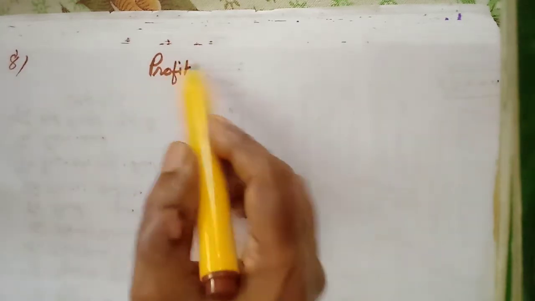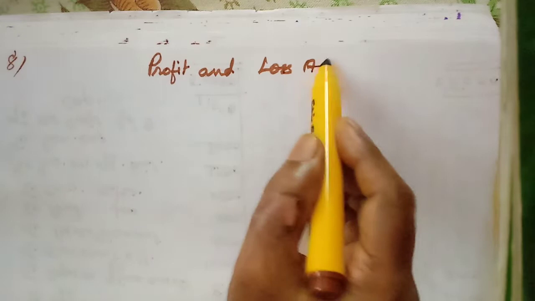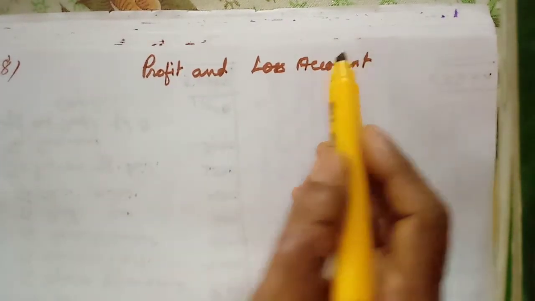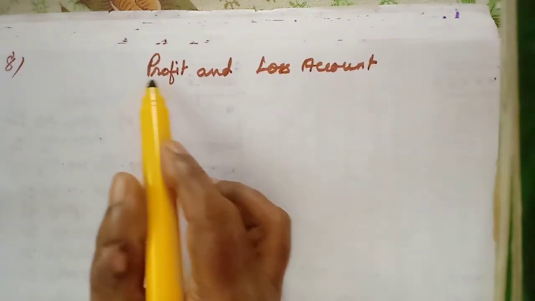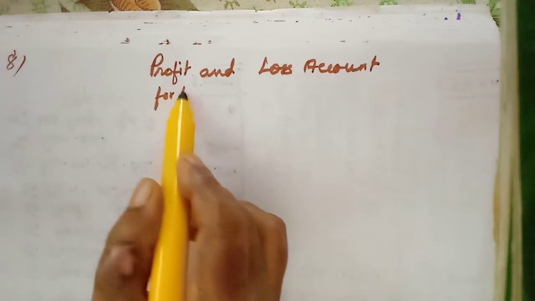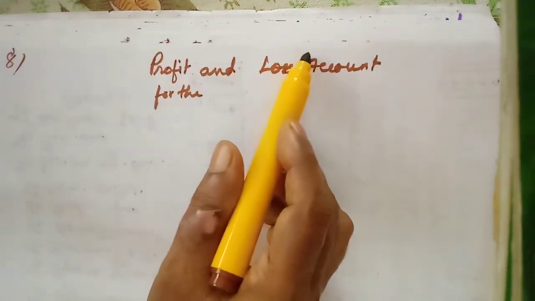First you write the number, then the heading, profit and loss account. You can write in the same line, but here the space is less. That is why I am writing 2 lines.